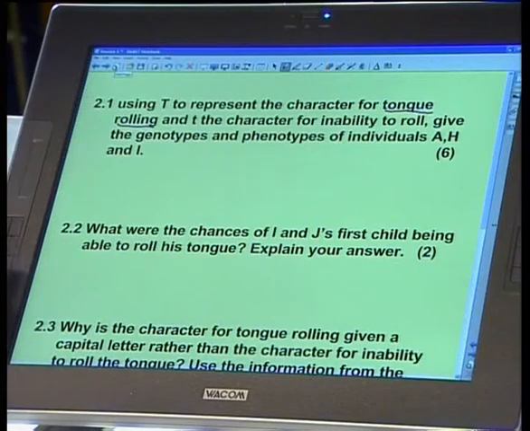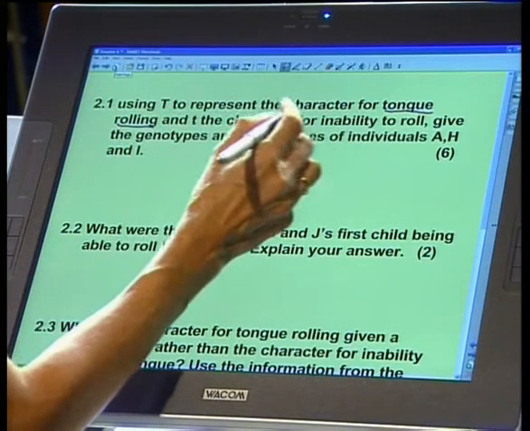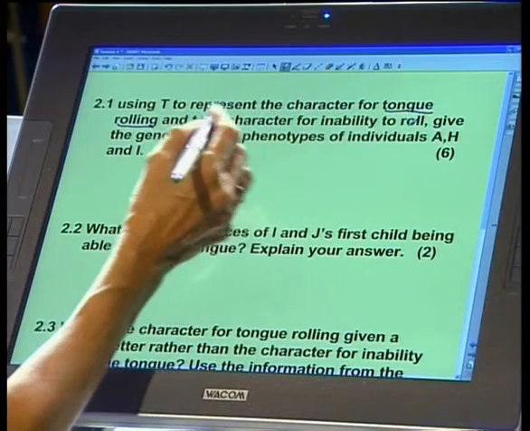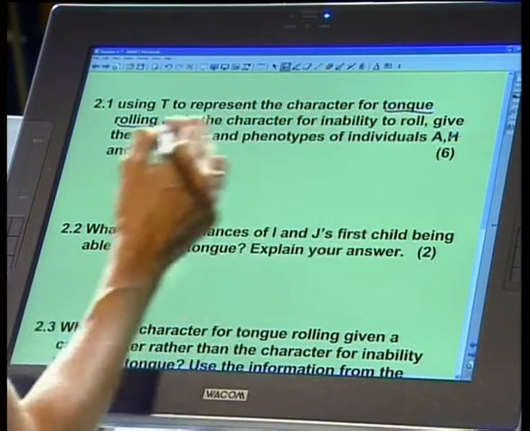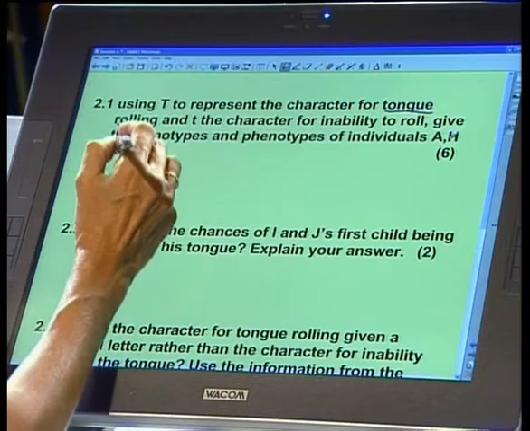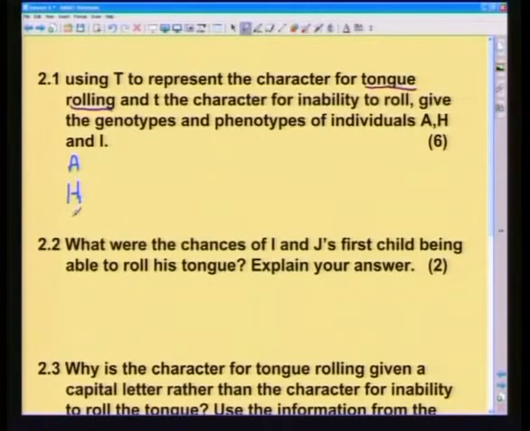And the first question says, using T to represent the characteristic and small t the characteristic for the inability to roll, give the genotypes and phenotypes of the individuals A, H, and I. Now the way I would write this in an exam is I would say A, H, and I. First thing they want is the genotype.